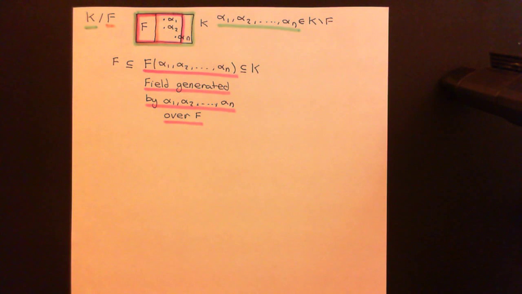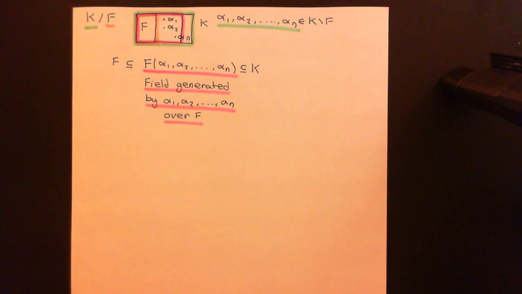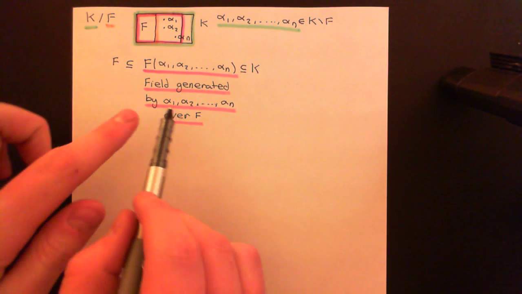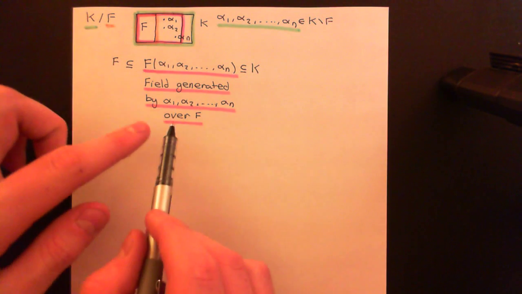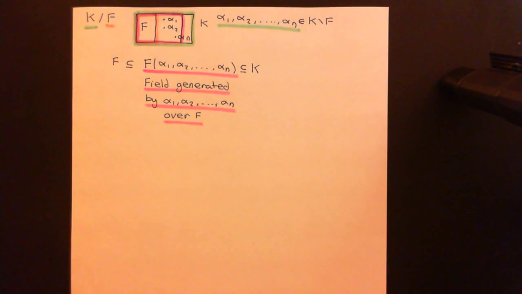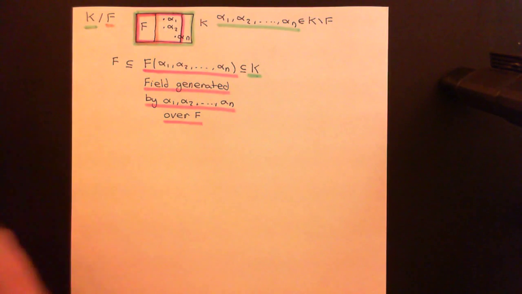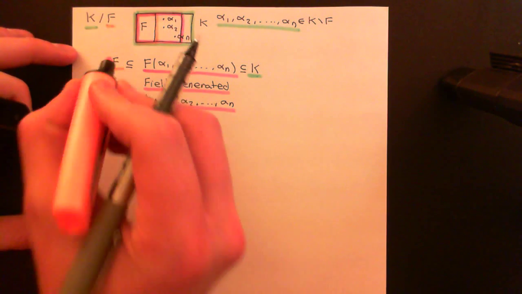Because it's the smallest one that contains those, we can think of all the information about it as coded in these elements, hence why we call it the field generated by alpha 1, alpha 2, all the way up to alpha n. All the information you need to describe this field is just that it has to contain these elements and the field capital F. Okay, so here is our larger field capital K, and here is our smaller field capital F.